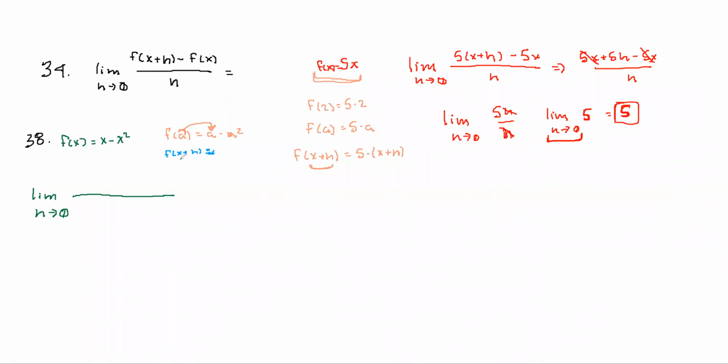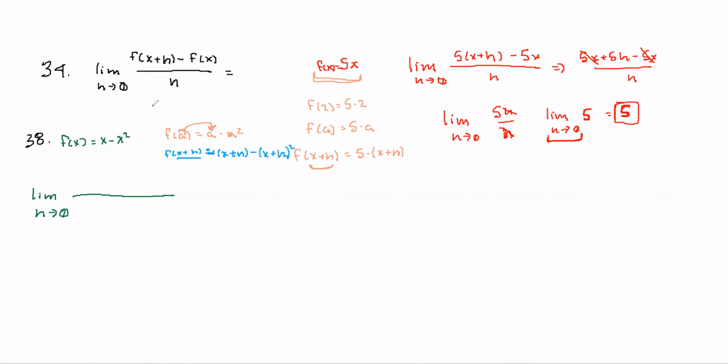So whatever is in here, right? If this was a 2, wherever there's an x, we would just put a 2. So instead, wherever there's an x, we're just going to put an x plus h, because it's whatever's in here. Like if this were an integer, what would I do with it? If this were a 2, we would put 2 squared. Instead, we're going to have x plus h squared.